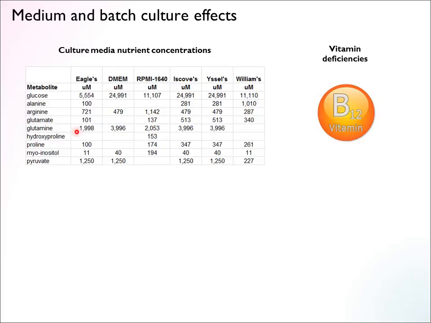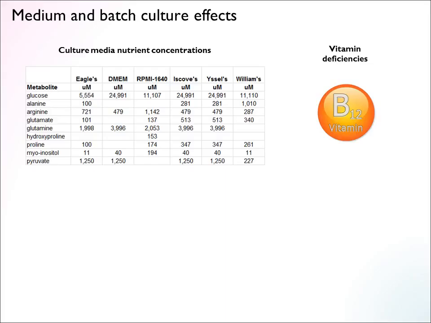Glutamine tends to be very high in medium compared to physiological situations, but this also varies quite a lot. And then there are some particular compounds that have been added in some media and not in others. RPMI, most formulations contain hydroxyproline. It's not entirely clear why, but it does. Somebody felt that this was important.